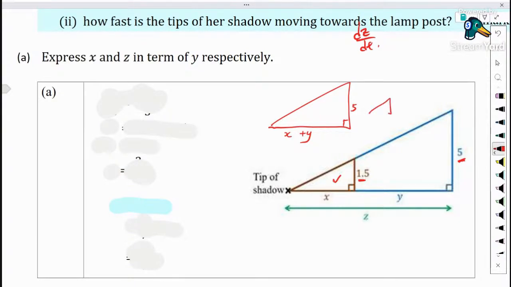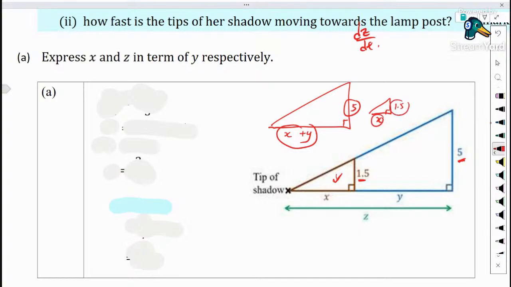The other smaller triangle, which happens in the way this part here, is base x, 1.5. These are two similar triangles where they have a certain ratio. If, let's say, I take this side here divided by 5, the result should be the same as x divided by 1.5.